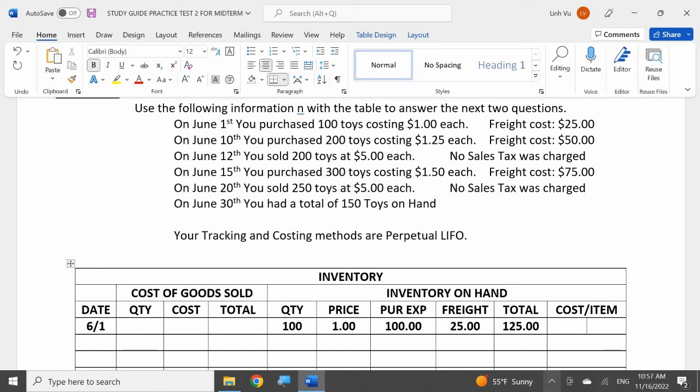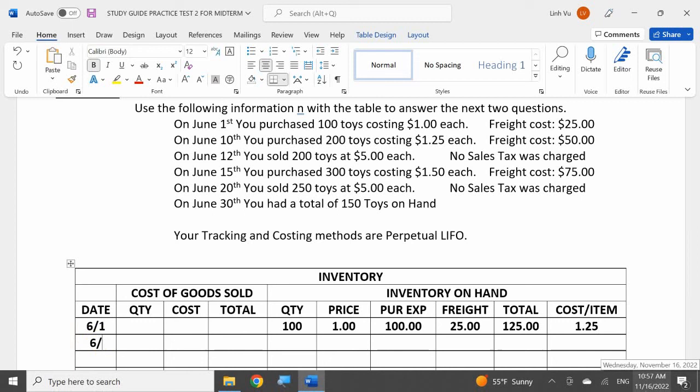So in this case, that is going to give you $1.25 each, and because we are using LIFO, you need to separate your batches here. Okay. Next one says here, June 10, you end up purchasing another 200 units at $1.25 each with a freight of $50.